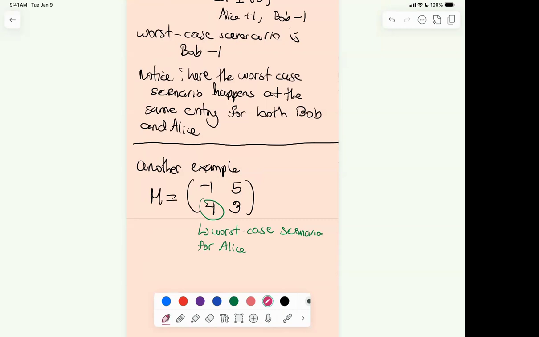And the worst case scenario for Bob happens at the 3, if I'm not mistaken. This is where the worst case scenario for Bob would occur.